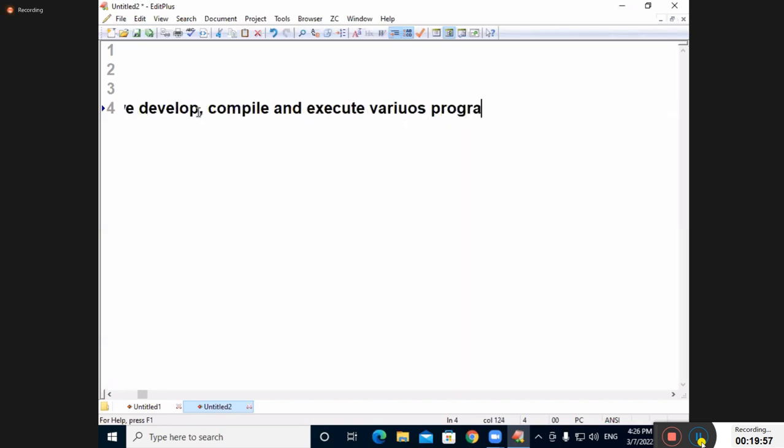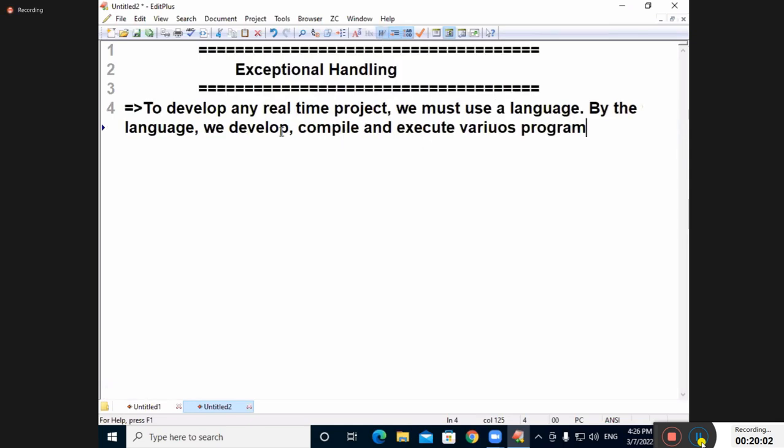I'm starting from the bottom of the subject. By using language, we develop, compile, and execute various programs. During this process, students, we get various errors.